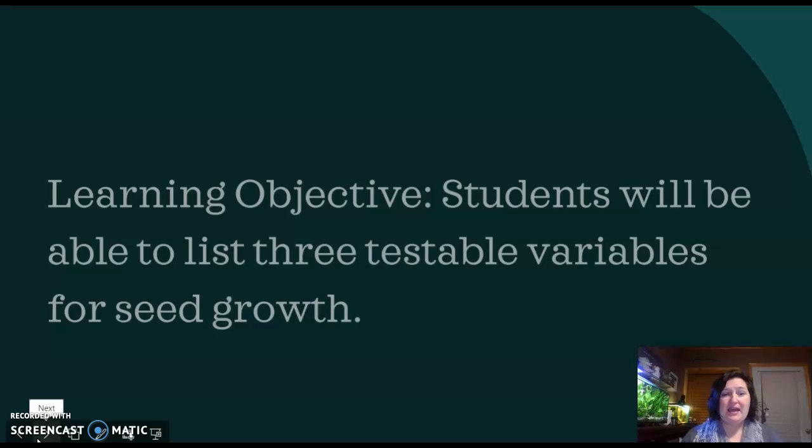Okay, and Josephina, can you read our learning objectives? Or objective this one time. Perfect. 3 testable variables. So that's that keyword we're going to be talking about during our sense-making activity for seed growth.